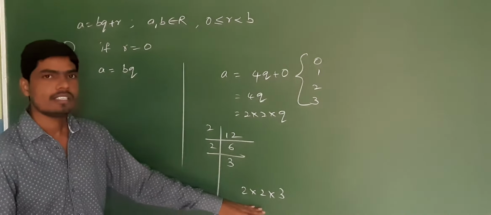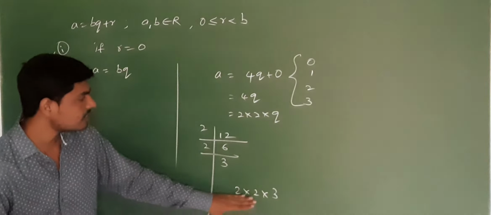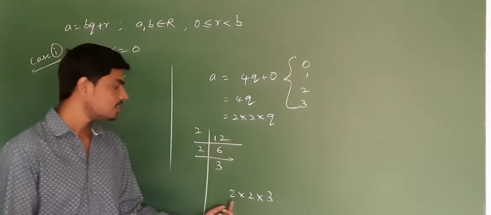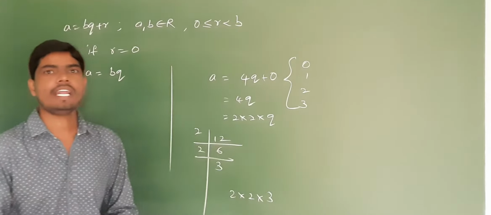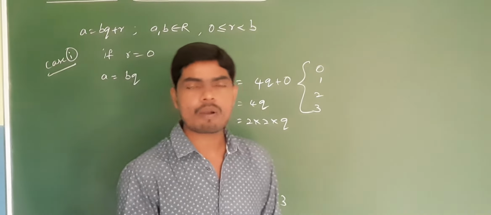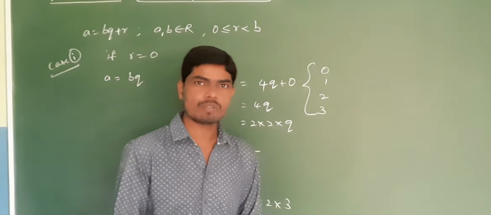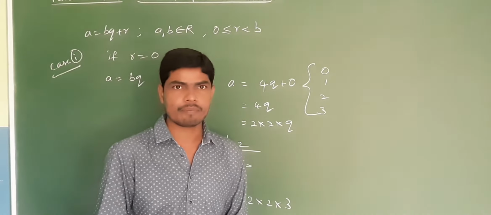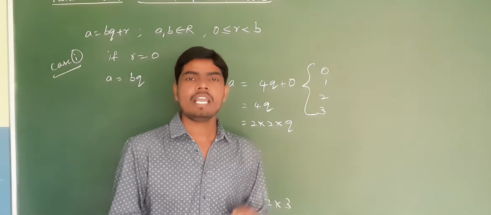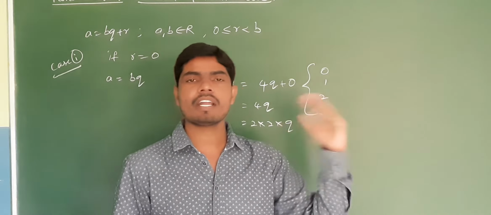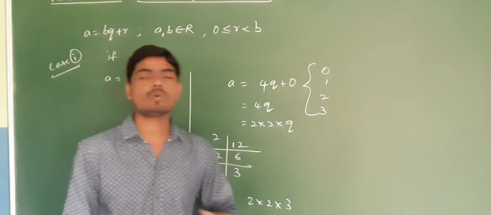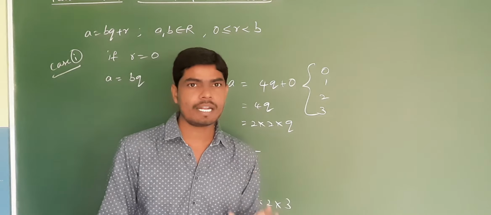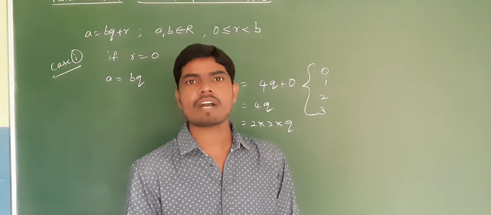This 12 has more than 2 factors. If a number has more than 2 factors, the number is called a composite number. So you can conclude that any composite number we can write as the product of two or more prime factors. This statement is called the fundamental theorem of arithmetic.